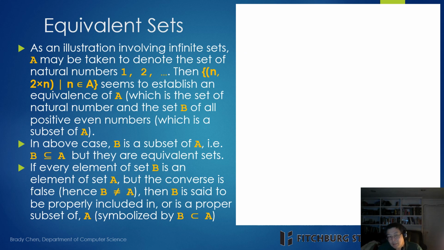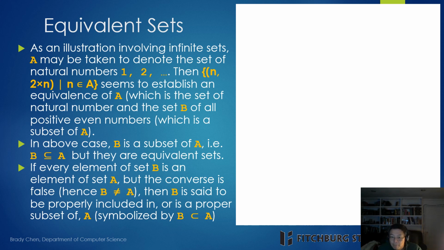Now let's discuss equivalent sets in more detail. First look at finite sets. If A is a finite set, B is a finite set, and A is equivalent to B, that means both A and B have the same cardinality, or the same number of elements, right?